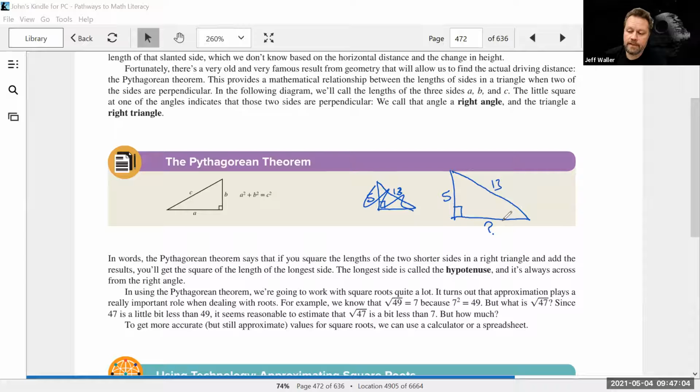So when you set this up, it's going to be a little bit different. Does it really matter if you call this side A or B? No, doesn't matter, because I could just turn these around and it would be the same thing. So I'm just going to call this A, and that means this is B. What does the equation look like?